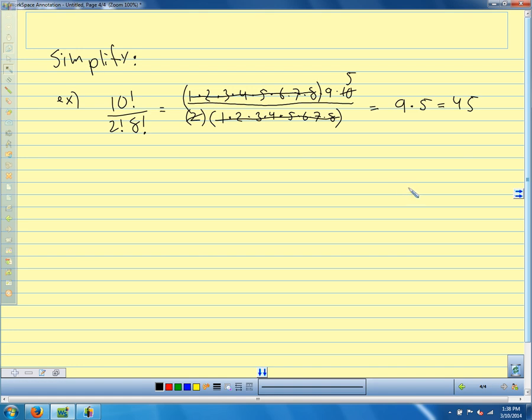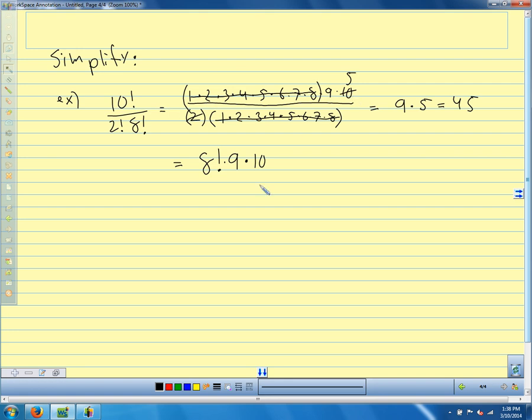The other way we can think about this is 10 factorial is 8 factorial times 9 times 10. Everybody see how I can rewrite 10 factorial that way? 8 factorial is 1 times 2 all the way up to 8. And then to get 10 factorial, we multiply that by 9 and then 10.